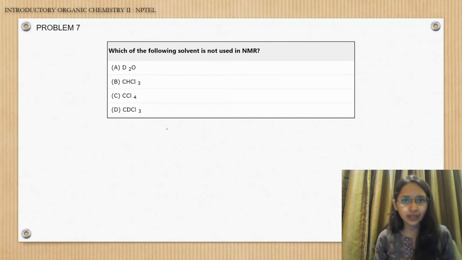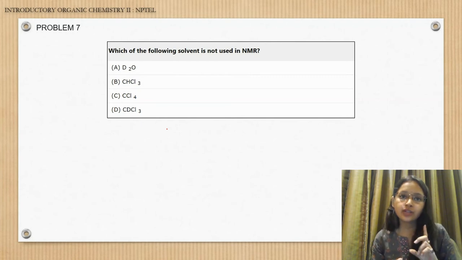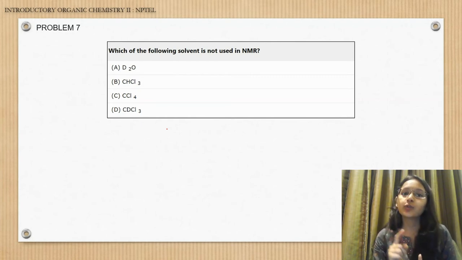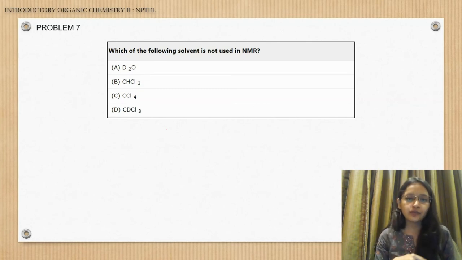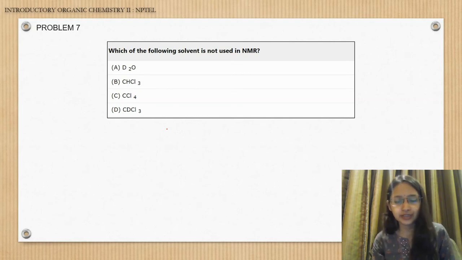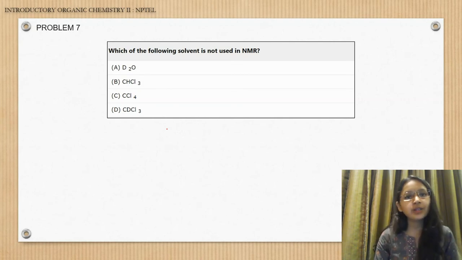You prepare a sample keeping the compound low in quantity, but use excess solvent to dissolve it. If the solvent has its own set of protons, it will have a very sharp peak in the 1H NMR, so the compound peaks will get diminished.